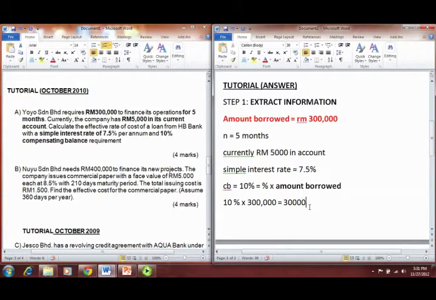As I told you, what is compensating balance class? Compensating balance means that the bank will require you to compensate, to keep a minimum amount in your account before the bank will release the loan. For instance, if you want to borrow around 300,000, you need to reserve 30,000 in your account. But as you can see now class, currently you have 5,000 in your account.